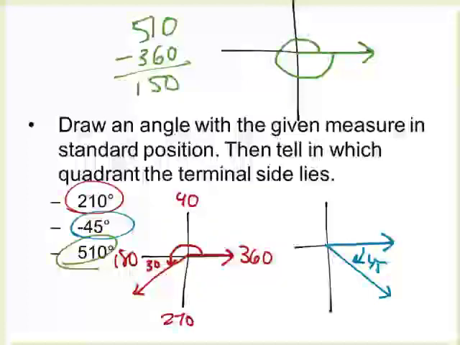So where will that end? 30 degrees before the 180. So we always want to enclose our angle value with the closest x-axis. So it'll be 30 degrees before the 180.